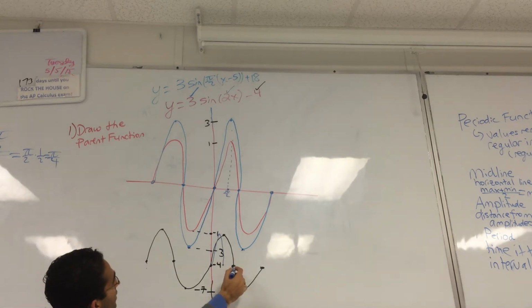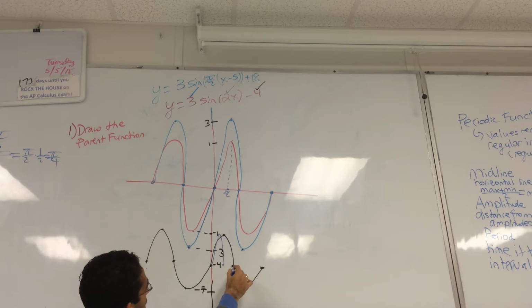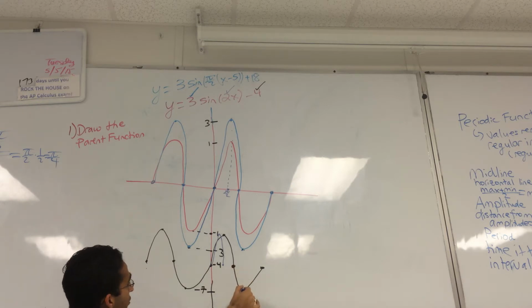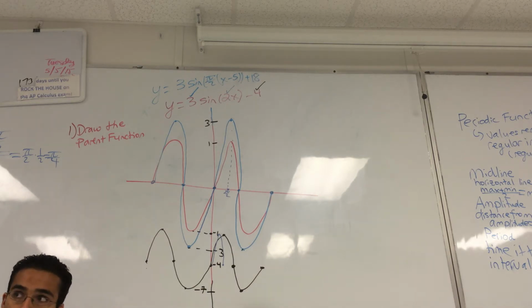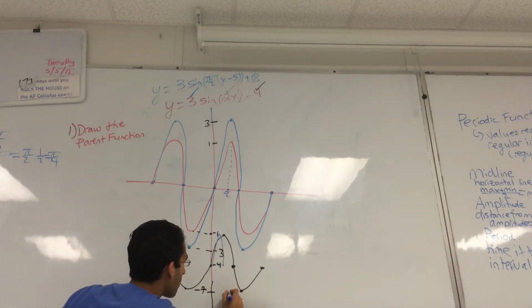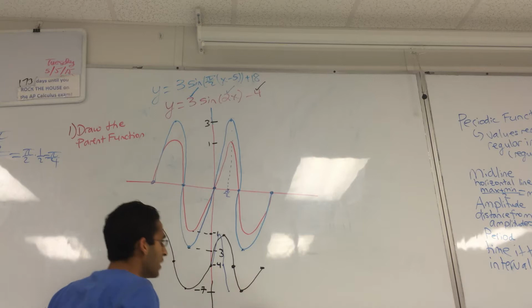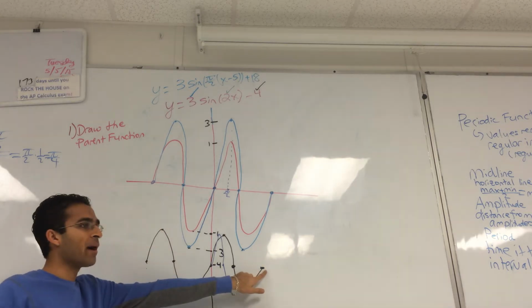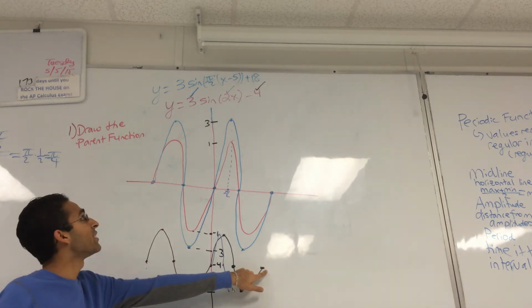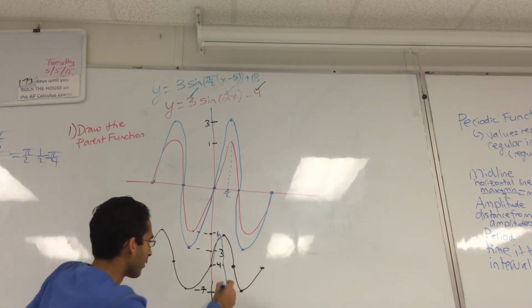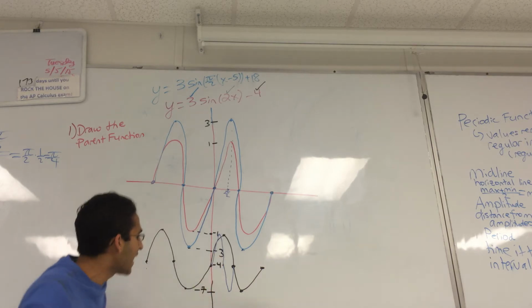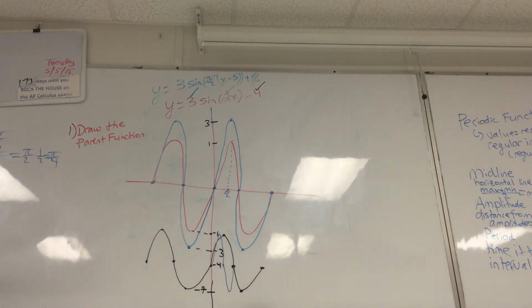Okay, this point, so we already dealt with this, now we got to deal with this. This used to be at 3 pi over 2. Now it's going to be at 3 pi over 4. So bring it over here. This point used to be at 2 pi. 2 pi divided by 2 now will be at pi. Where is pi? Pi is here. Right here.